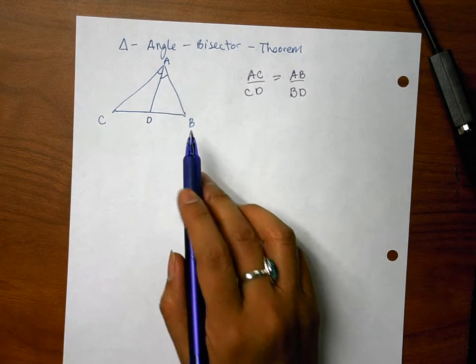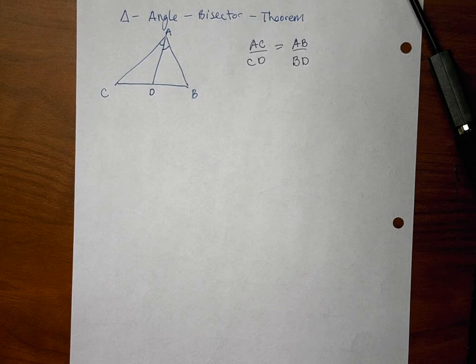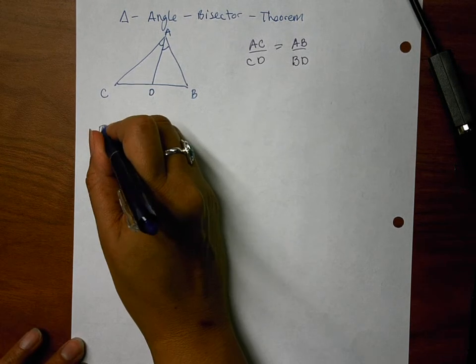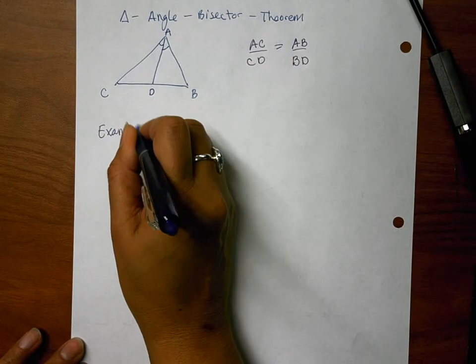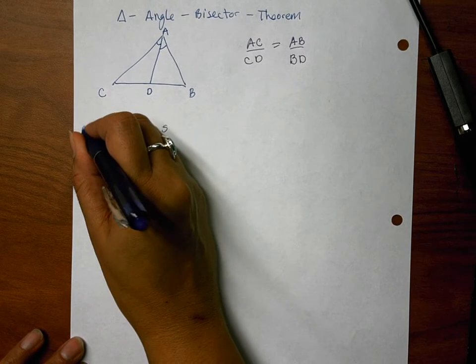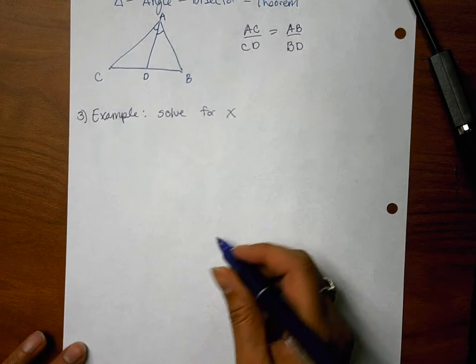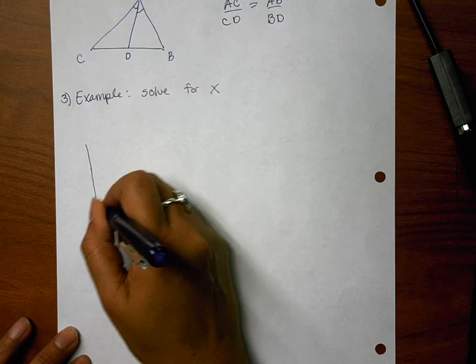Okay, AC over CD, AB over BD. All right, so let's try an example. Solve for X.